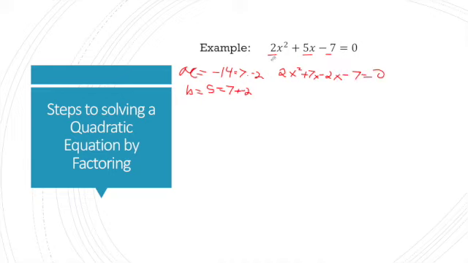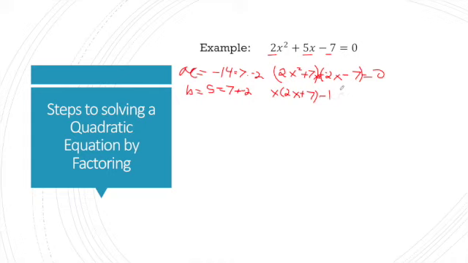Now I need to factor by grouping. We're going to write that as a positive. Oops, there's a positive in there, I swear. So I'm going to pull out the greatest common factor. 2x squared and 7x have an x in common. So that leaves me with x times 2x plus 7. And I have negative 2x and negative 7. Well, their greatest common factor is going to be a negative 1.